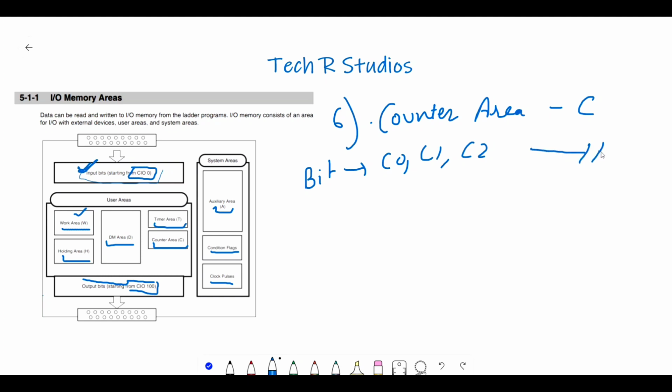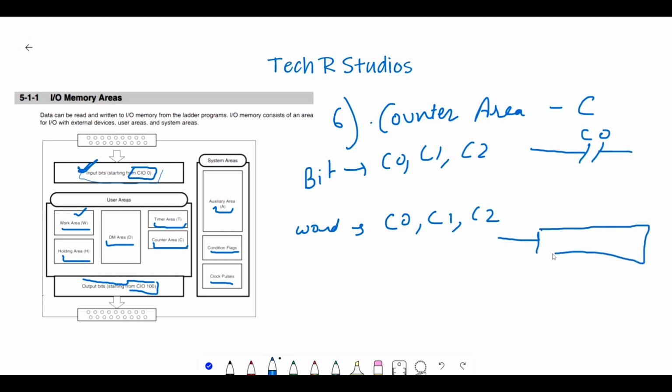It is used in some NO or NC, not in a coil. Or in word format we write it like C0, C1, similarly C2. An example is, let's say we are moving its value: move C0 into D10. So it is word here. If we use it in NO or NC, it is bit.